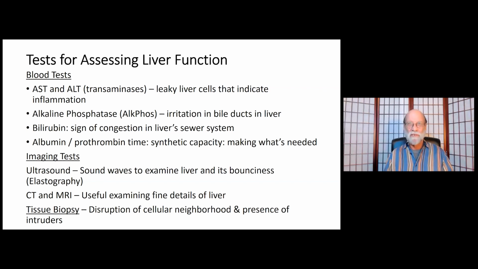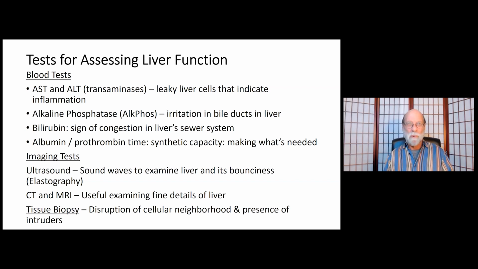Healthy liver cells will leak just a little bit of these enzymes into the bloodstream. But to the extent that the liver cells become leakier, we see more of these compounds accumulating in the blood, indicative of irritation within those liver cells.